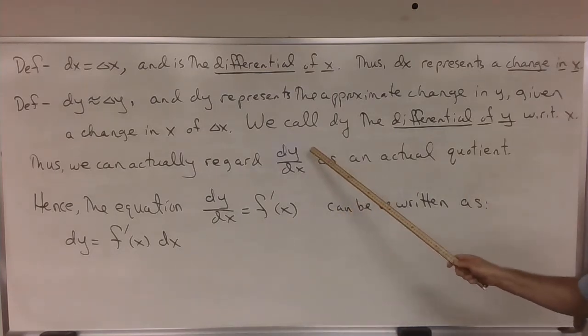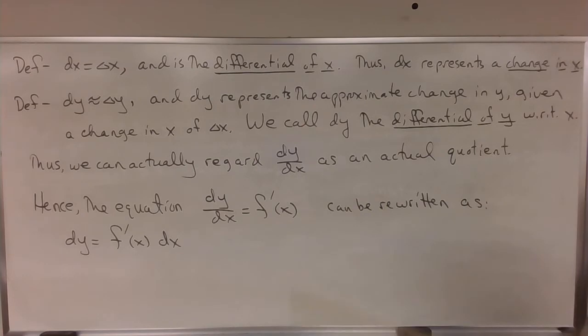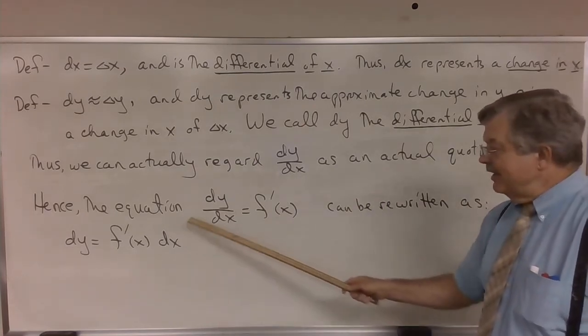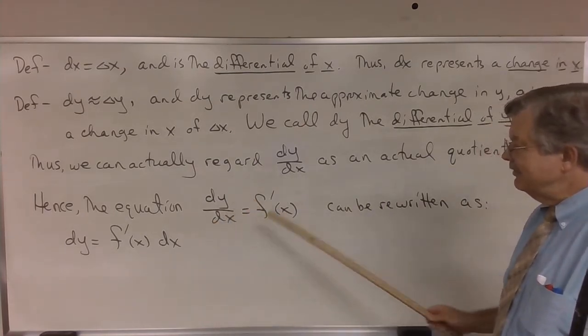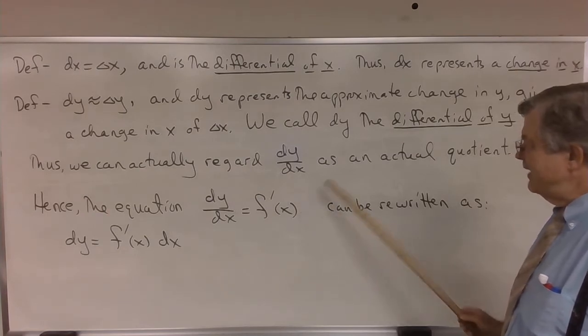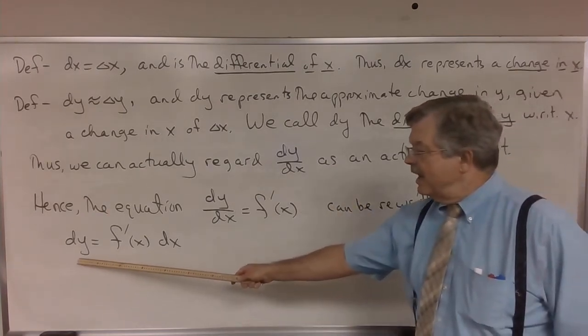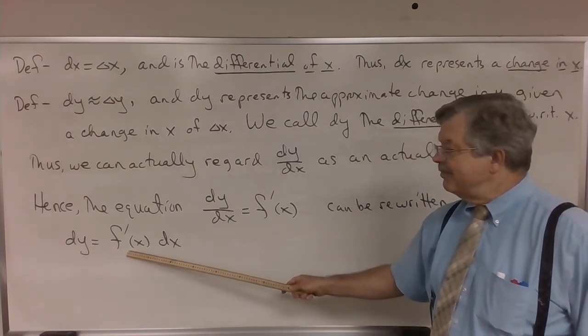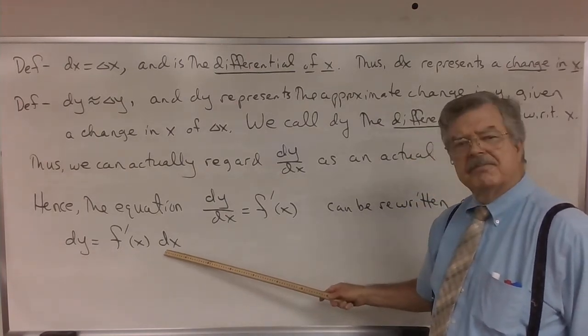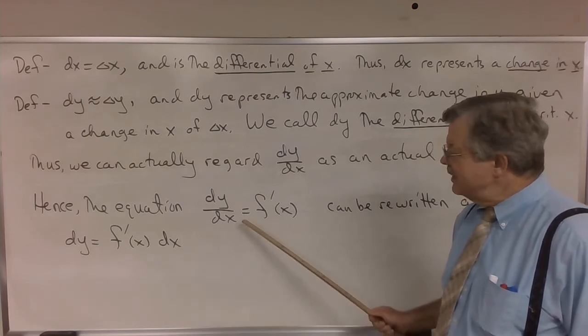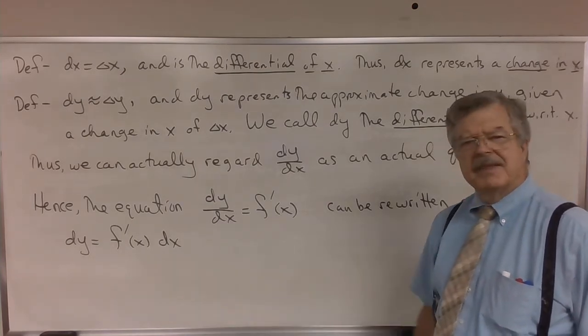And if we can regard dy dx as an actual quotient, then the equation dy dx equals f prime of x can be rewritten as dy equals f prime of x dx. Well, how did we get from here to here?